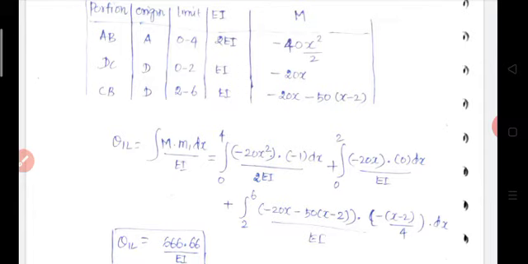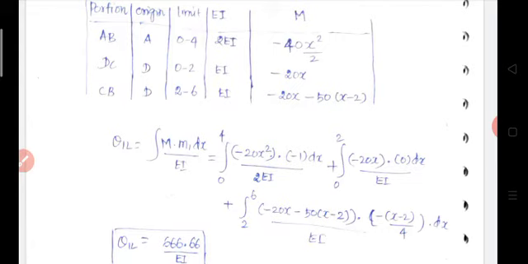Substitute 0 to 4 for AB portion, limit varies between 0 to 4, capital M is equal to minus 20 x square, small m1 is equal to minus 1 dx divided by, so flexural rigidity is equal to 2 times EA. Okay. Then for DC portion, limit varies between 0 to 2, capital M is equal to minus 20 x, m1 is equal to 0, then flexural rigidity is equal to EI.